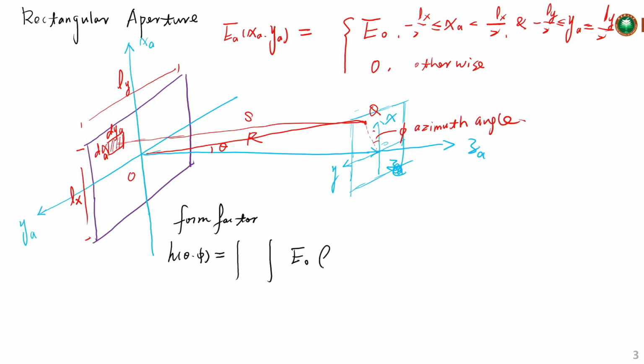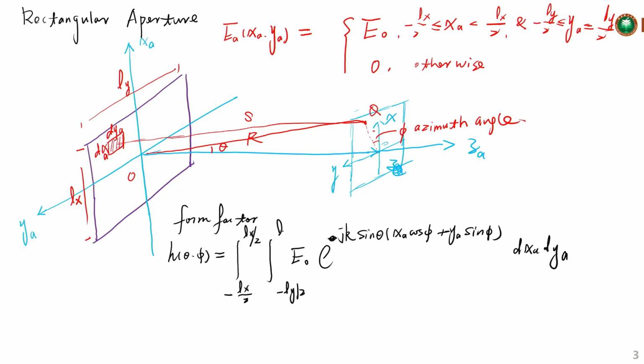So here we have exponential of minus j k sin theta, xa cosine phi plus ya sin phi, right? And then dxa dya, and because the field has values only inside the aperture, the limits become minus half Lx to half Lx and minus half Ly to half Ly here. So this is the final expression.